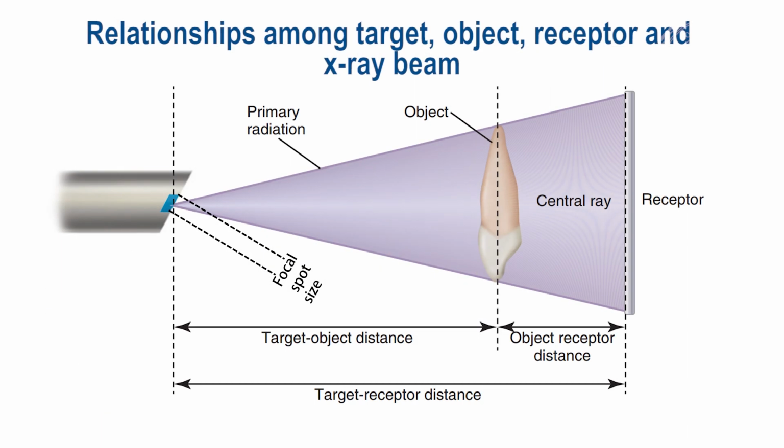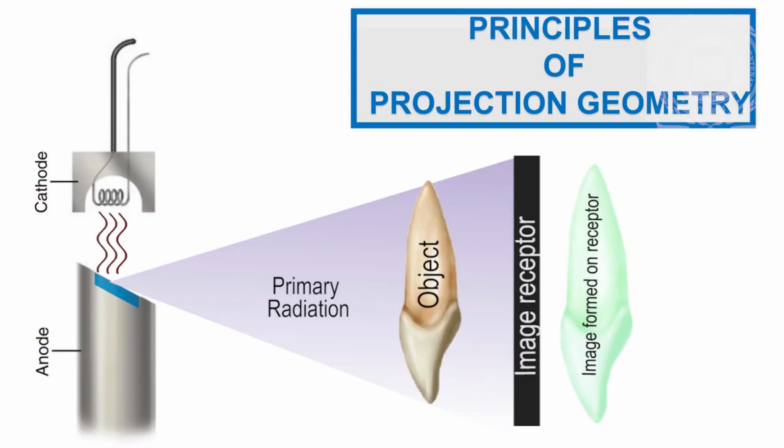There is a crucial relationship among focal spot size, angulation or direction of primary radiation, target receptor distance, object receptor distance, and target object distance. For the formation of an image with minimal geometric distortion, this relationship among different parameters needs to be maintained, which is done by certain laws of projection geometry.